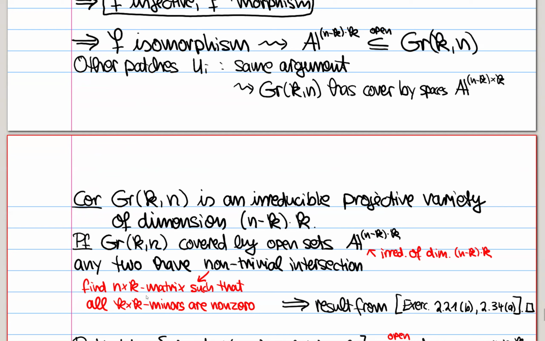You can either give a concrete example, or if you want a slick way, if you're lazy like me, then you can observe that the space of n cross k matrices, of all matrices, is an irreducible space. It's just a big affine space. And the condition for any single one of the minors to be non-zero is a Zariski open condition in this irreducible space.